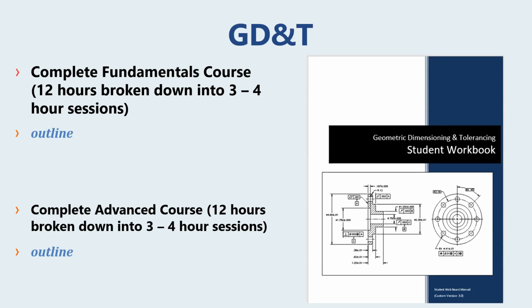We then get into looking at composite feature control frames versus segmented feature control frames. And then with that it breaks down into some exercises as well, so that it's not just me talking the entire time. So that is the actual fundamentals course.